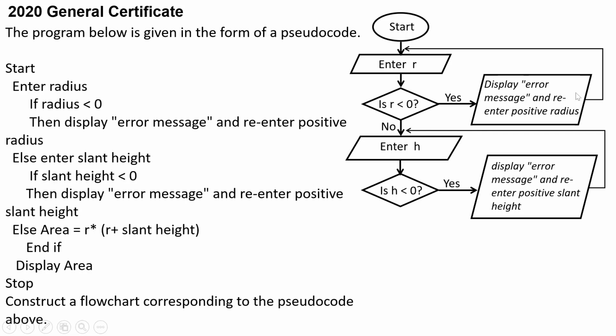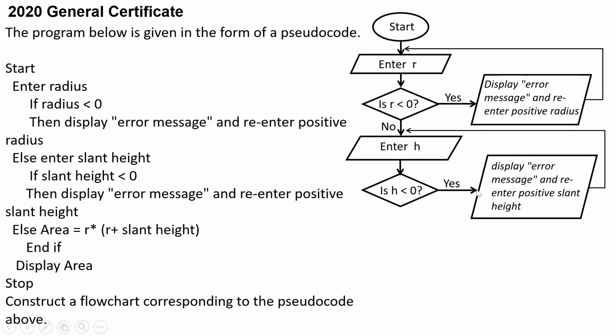It is the same. It doesn't really matter. So here it will check if he has entered a slant height which is less than 0, which means it is negative.